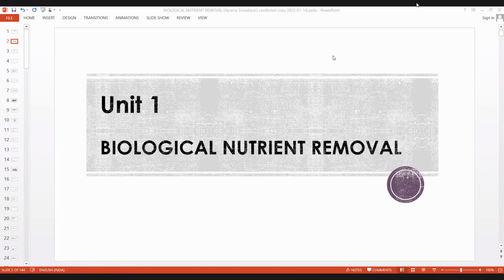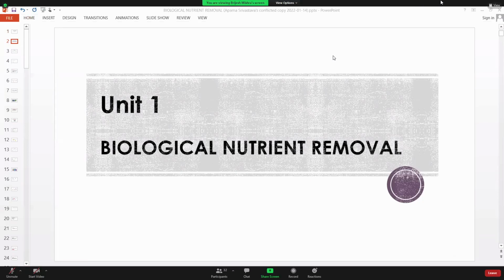So what are the boundary conditions, and how do we select the best method to remove the nutrients?